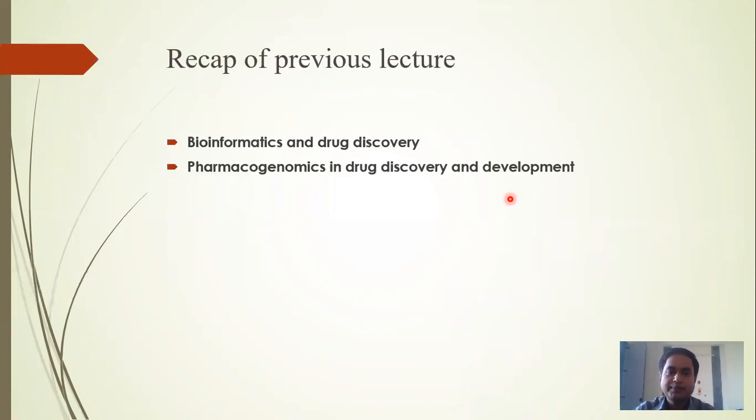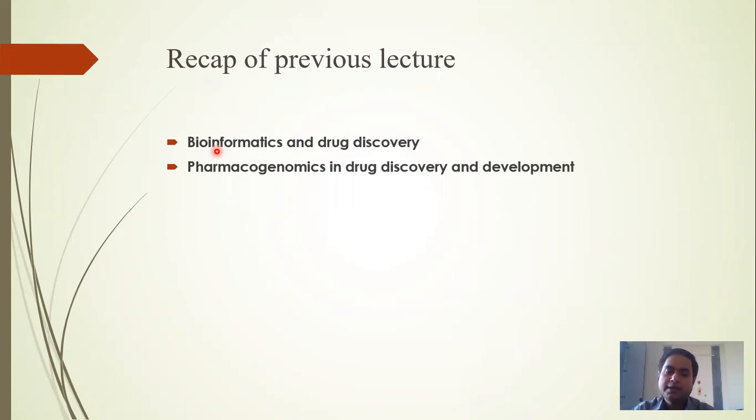So in the previous lecture, we learned about bioinformatics and the drug discovery process, how bioinformatics tools and computer-aided drug design can help to identify a drug molecule, to identify a target molecule, and how they help in the drug discovery process.